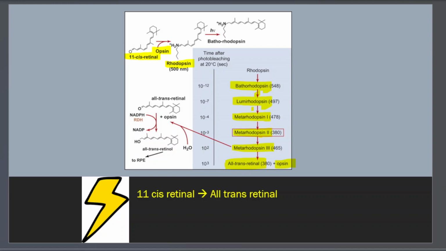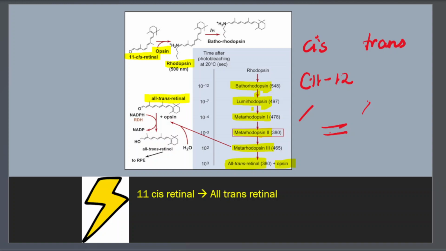Now, what is this cis and trans? It's nothing but changes in configuration. What is cis configuration, and what is trans configuration? In this 11 cis retinal, there is a double bond between carbon 11 and 12. If the groups on either side of the double bond are on the same side, that is cis configuration.